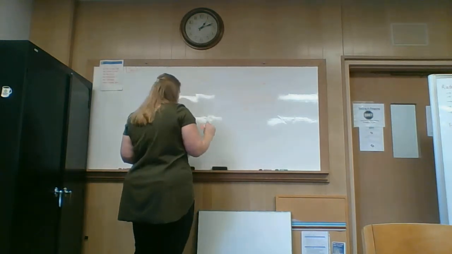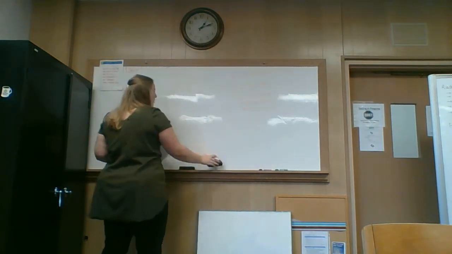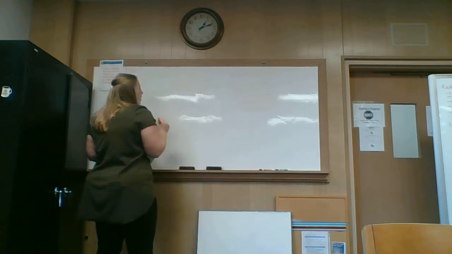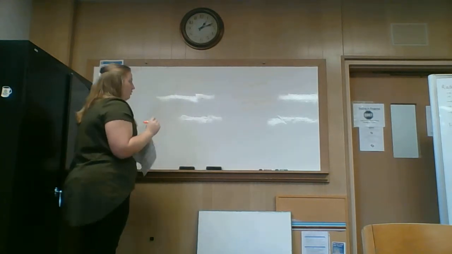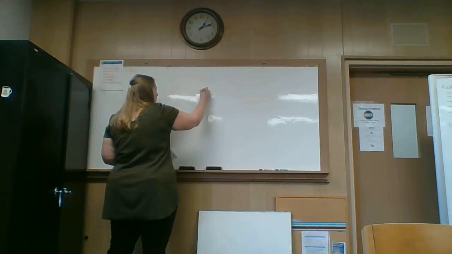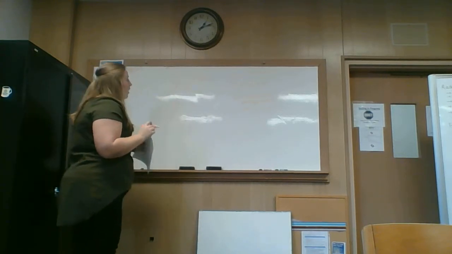Sorry for the handwriting. So let's take a look. We know that oxygen likes to make 2 bonds, but tends to have 2 lone pairs of electrons, right? That one's a pretty easy one to remember.